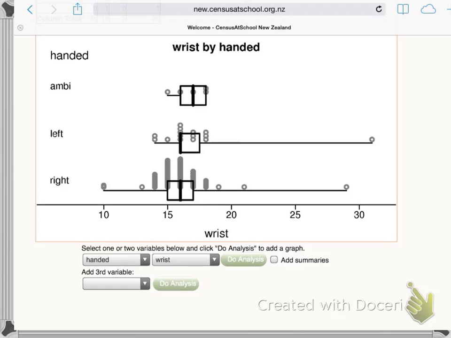Well, as I hope you can see, the medians are identical, therefore it's too close to call. Back in the population, people who are left-handed and people who are right-handed, there's no difference between their wrist circumference.